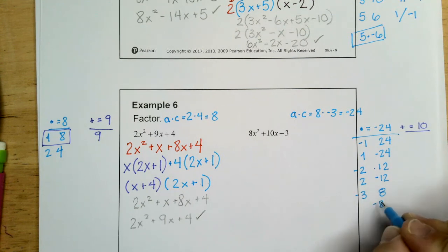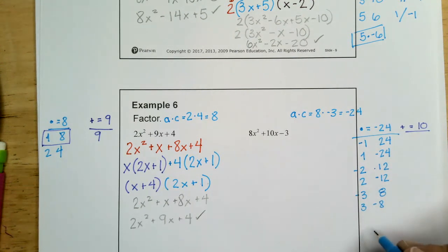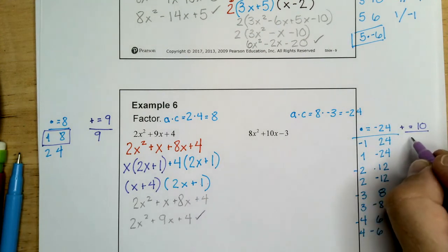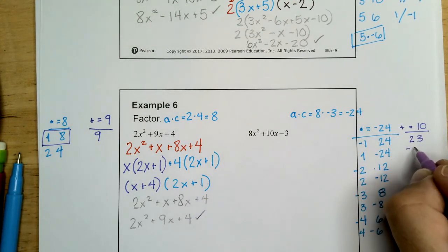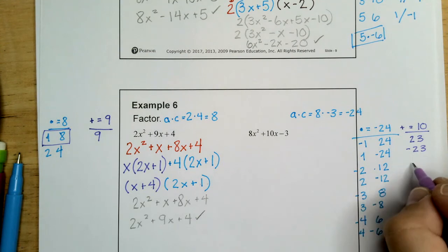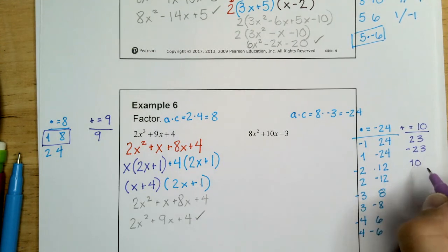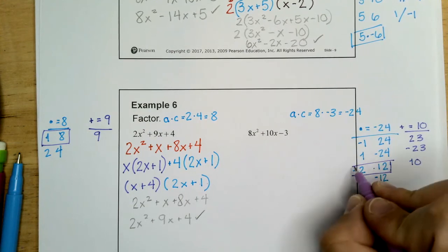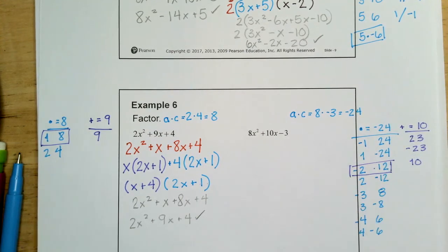Negative 3 or a negative 8. 4 and 6. Something like that, right? So how do they add up? That would be 23, negative 23. Ooh, 10. We found it. A negative 2 and a positive 12 will give us a 10.